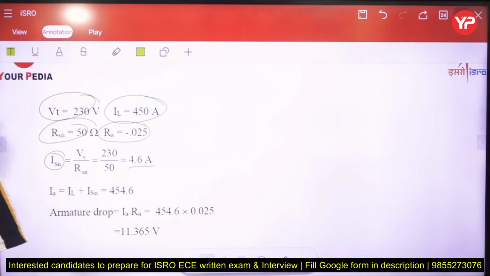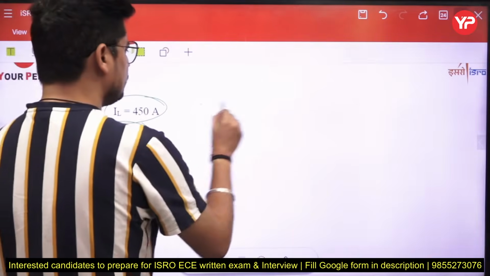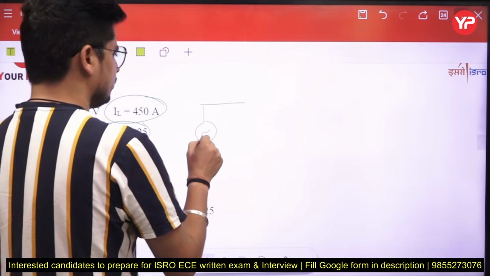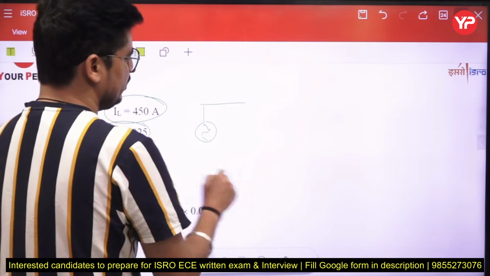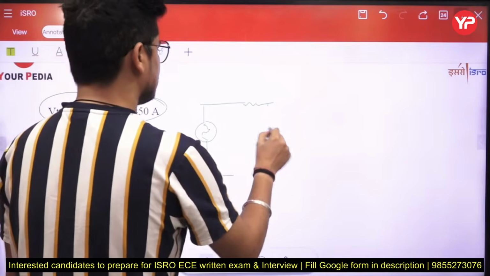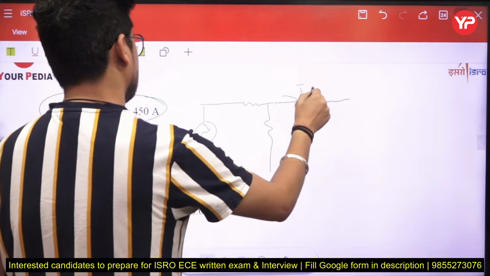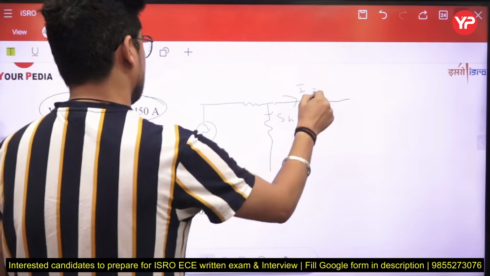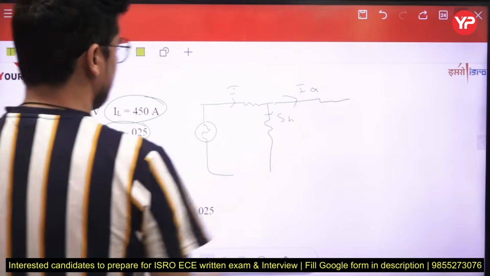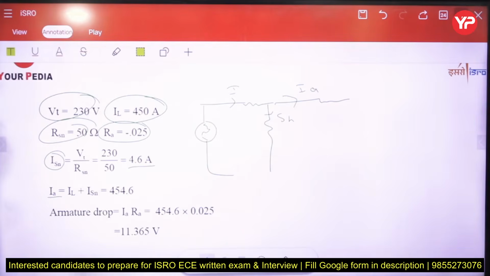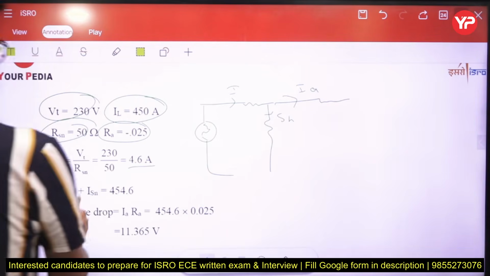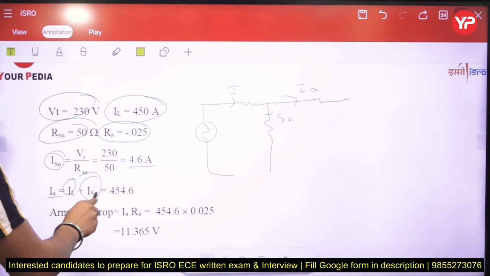This is going to be 4.6. And the armature current, when you draw the equivalent for this one, this is your motor, the motor symbol here, we will have the resistance like this, and this will be your load here, with the currents IL, ISH and IA. So the IA is always equal to IL plus ISH, the shunt current, right?